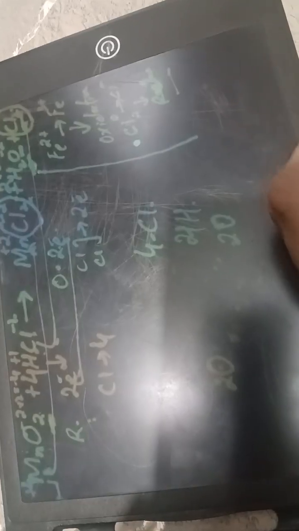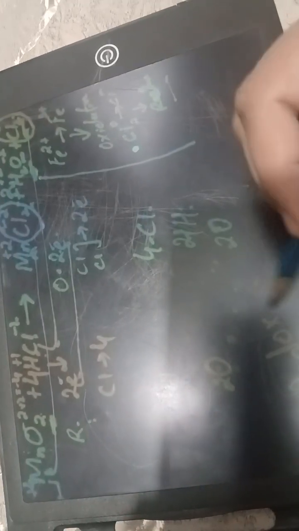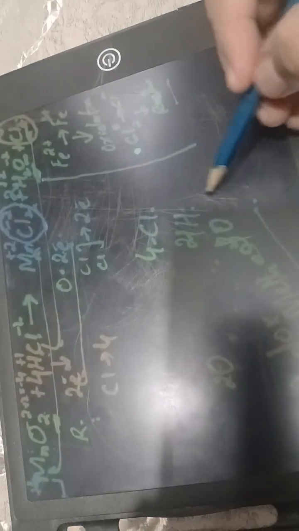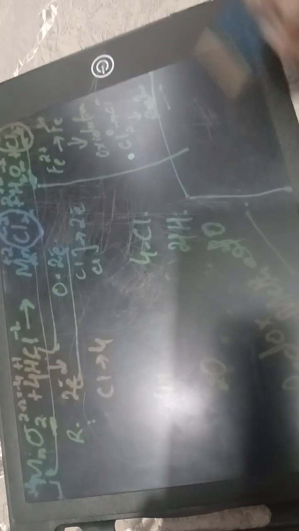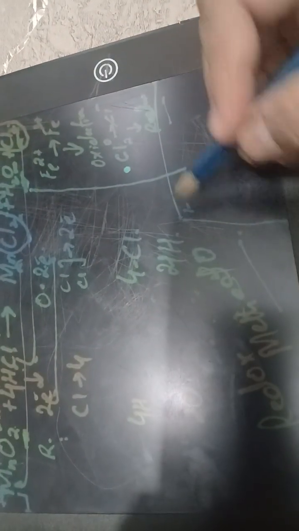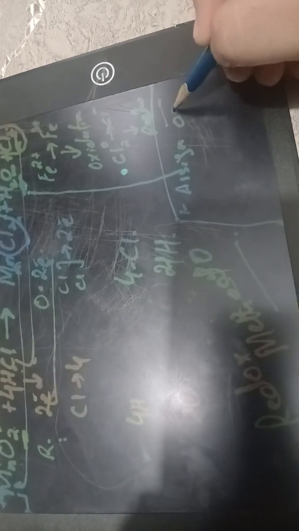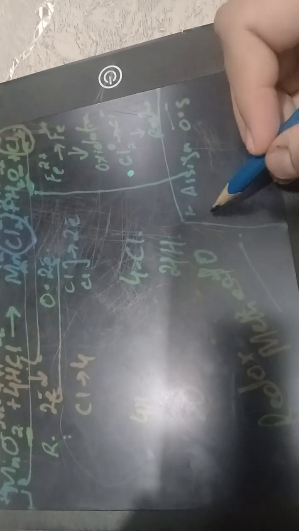We have studied the balancing of equations by the redox method. The main points in this method, I'm writing there. First of all, we have to assign oxidation states. OS represents oxidation state.